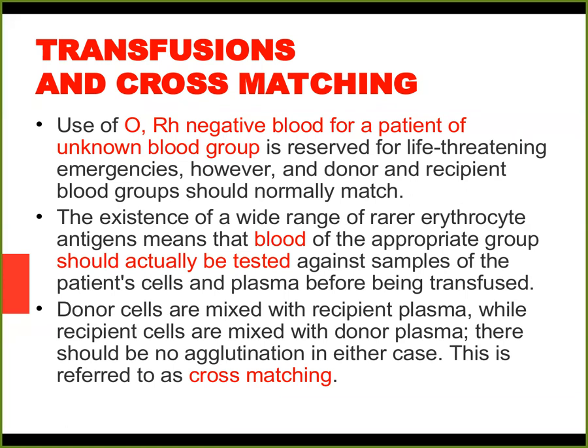And agglutination may take place even when you transfuse another group, not the same as in the patient, but you should use more volume of blood for this side effect.